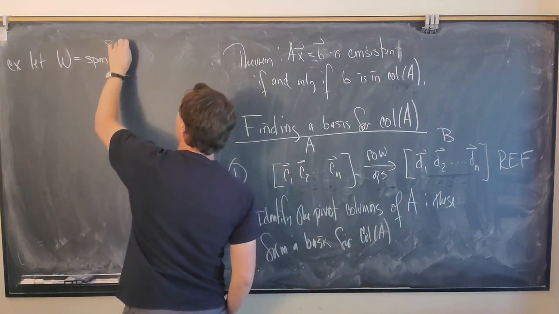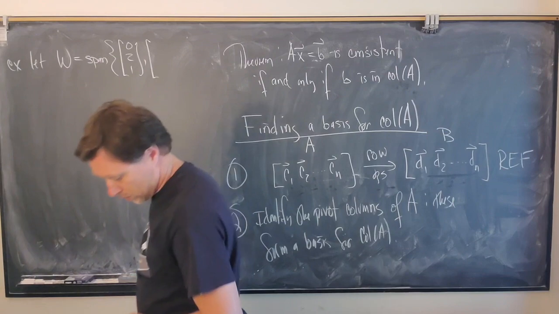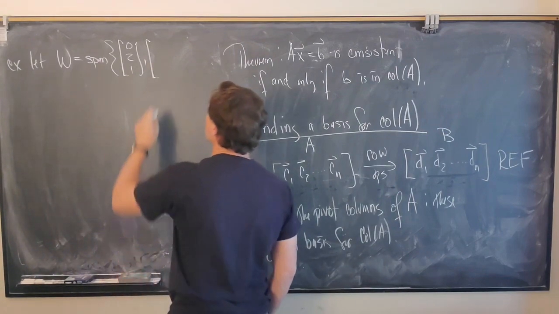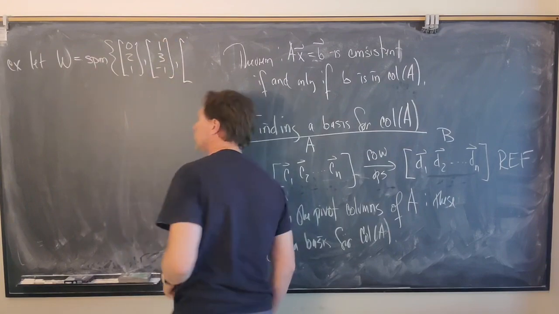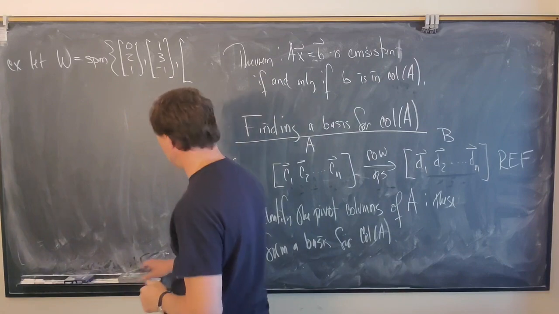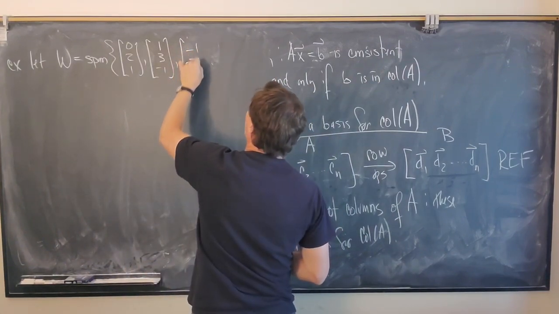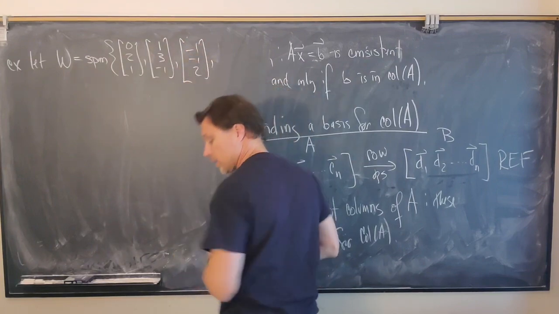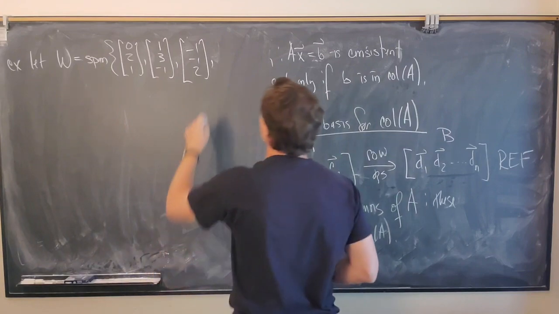0, 2, 1. 1, 3, minus 1. Minus 1, 2. And 1, minus 1, negative 3.